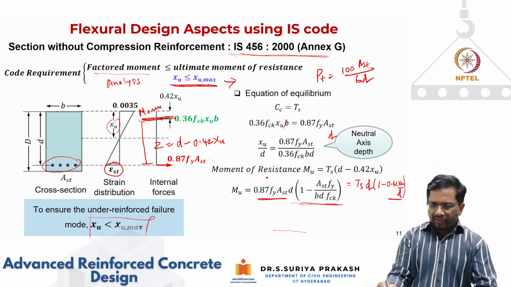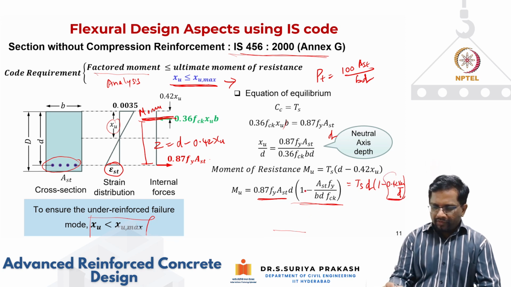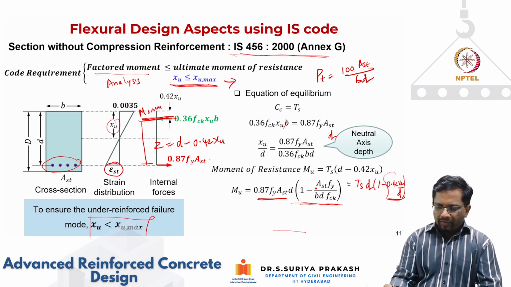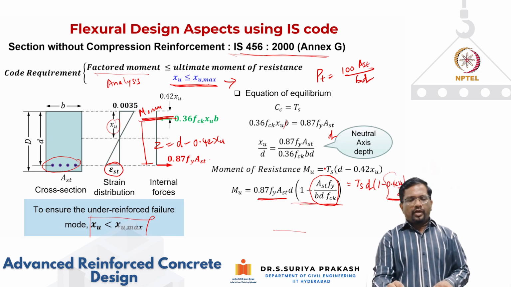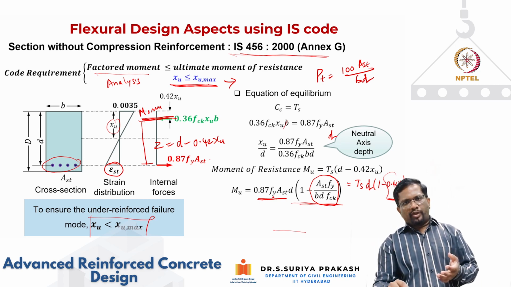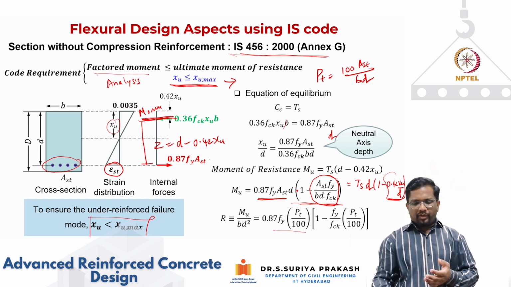So if you go back and substitute that in this equation, this is nothing but PT by 100 Fck. That's how we get it. So we can now express the moment of resistance in terms of the amount of steel like this. Simple modifications.